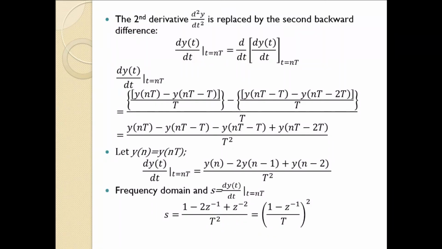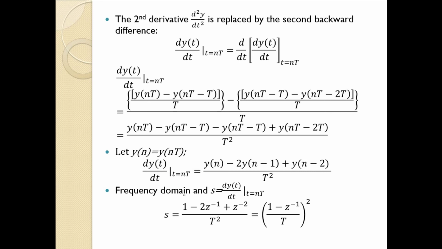When we do the second derivative, it is just replaced by the second backward difference. How do we want to do this one? What we do is we differentiate dy dt. So when we differentiate dy dt, we will get du divided by dt minus dv divided by dt, over dt.